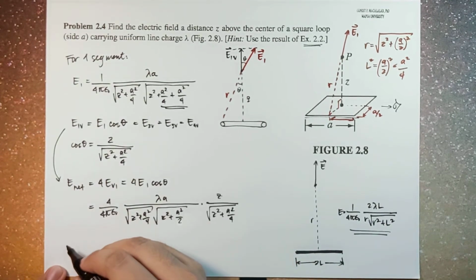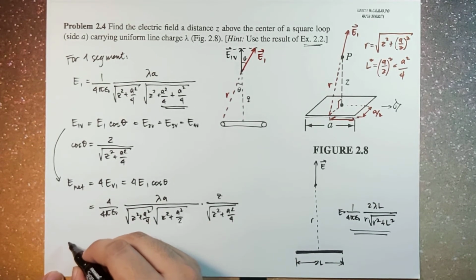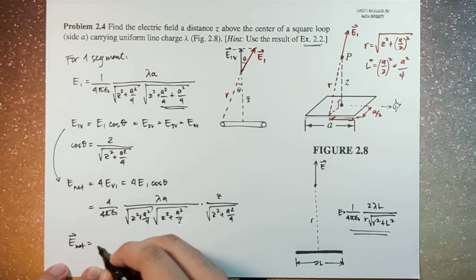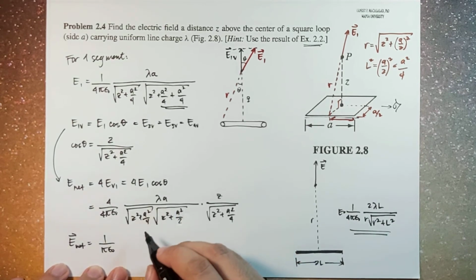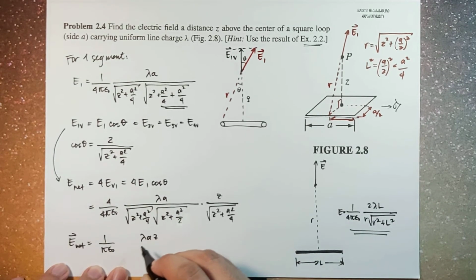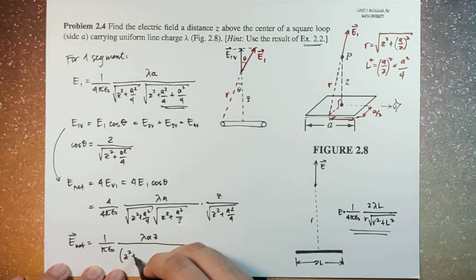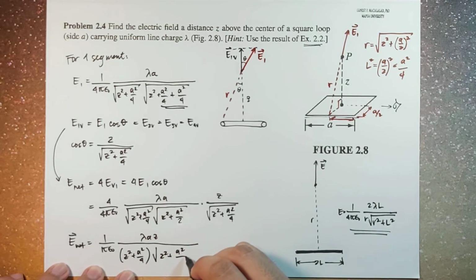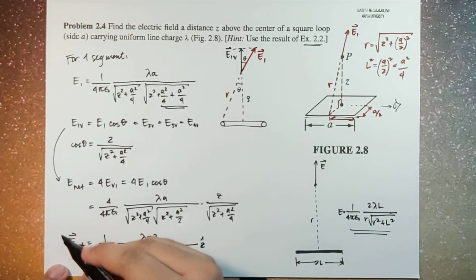Therefore, the total electric field will be equal to 1 over pi epsilon naught times lambda A Z divided by Z squared plus A squared over 4 times the square root of Z squared plus A squared over 2, in the Z hat direction.